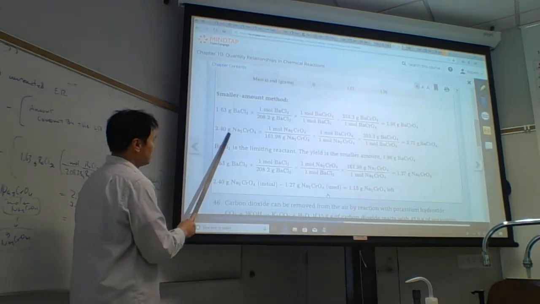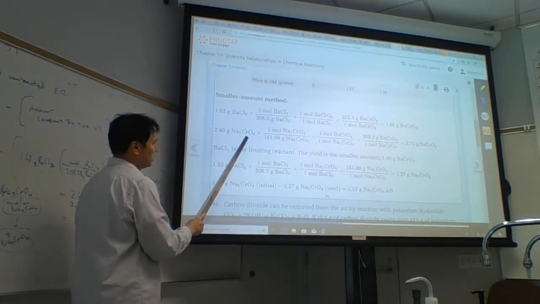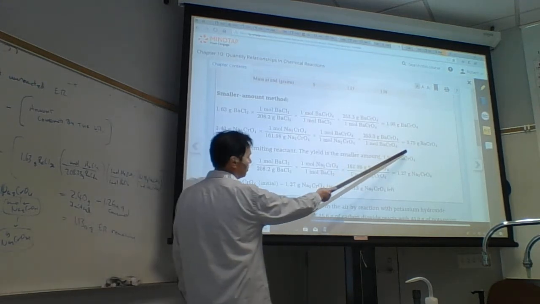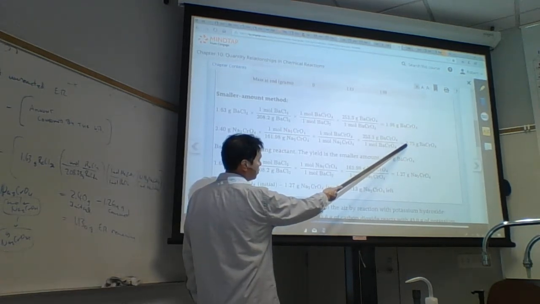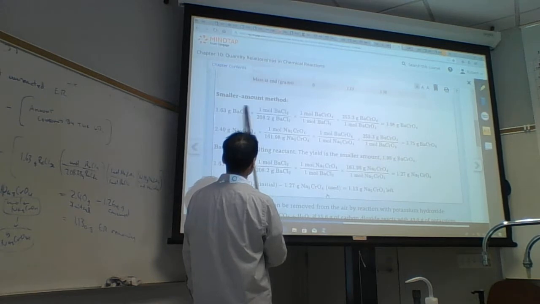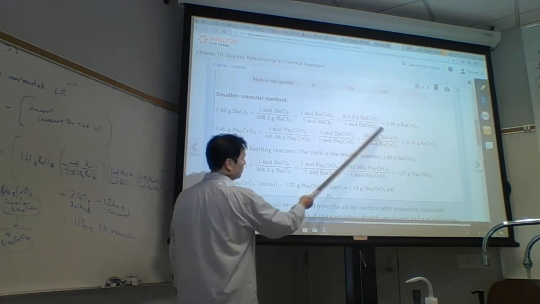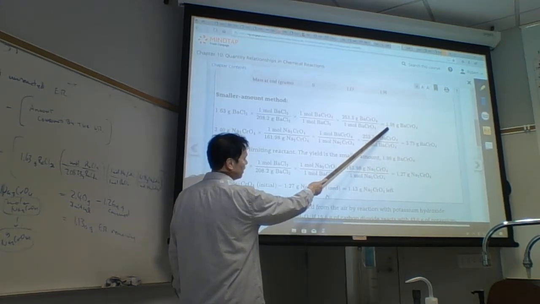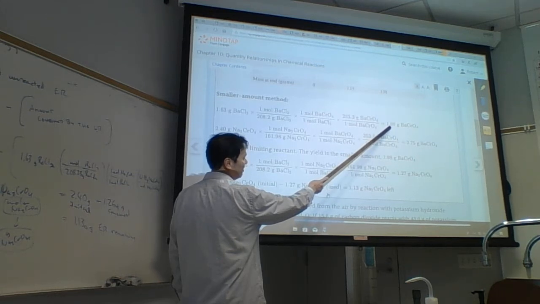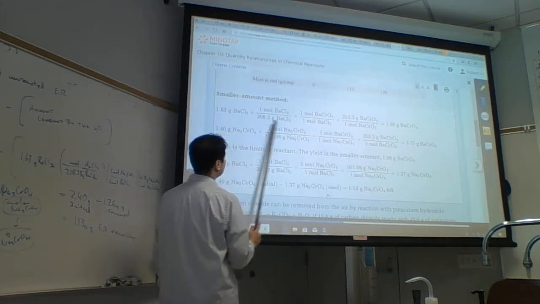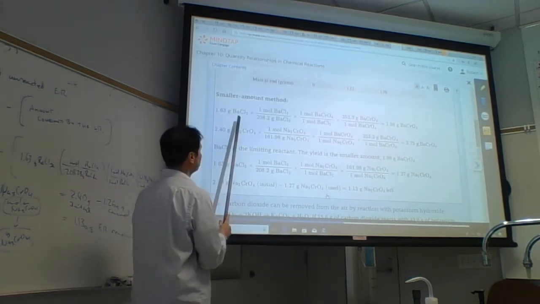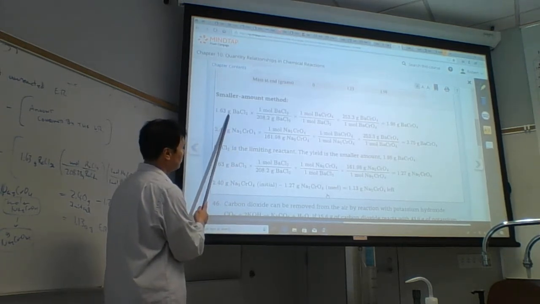The next step is they calculate the yield from sodium chromate, which gave a much higher yield, 3.75. But there's no way to get 3.75 because they're going to run out of barium chloride well before then. We'll run out once we hit 1.98 grams. Once we hit 1.98, we can't go to 1.99 grams because all of the 1.63 grams is used up. Now, if we're given more, then yeah.